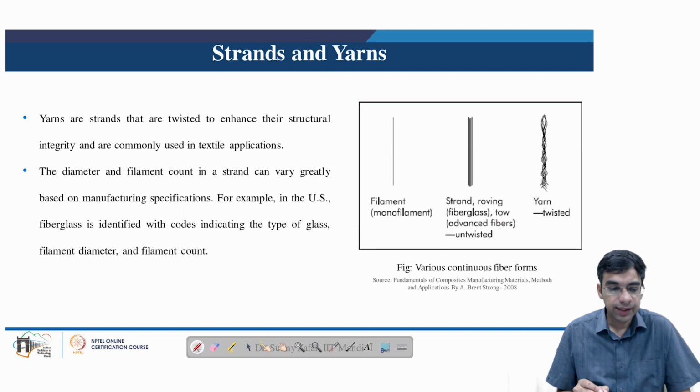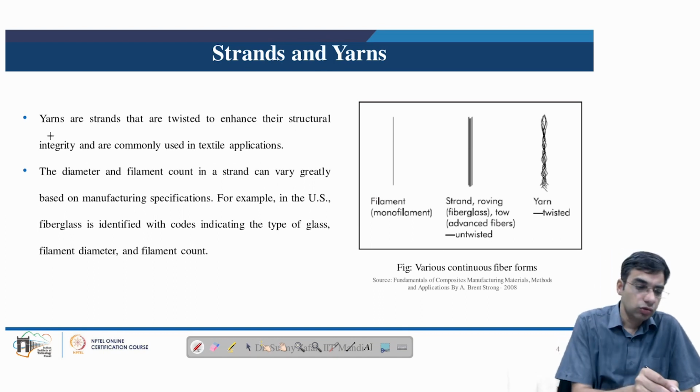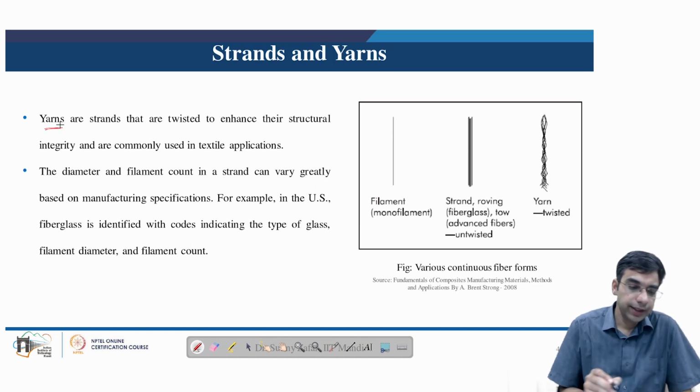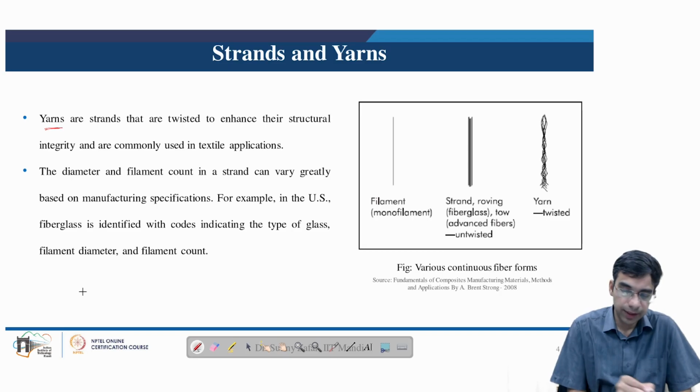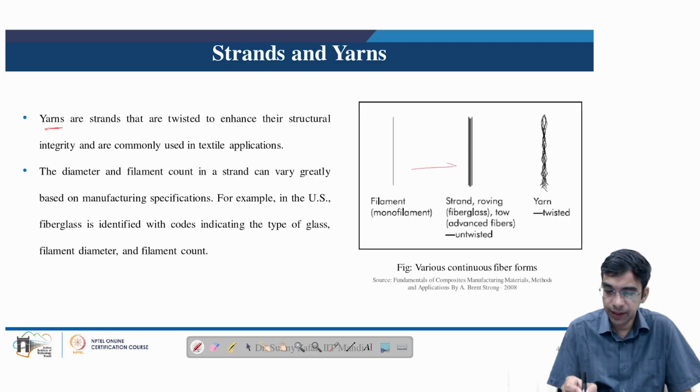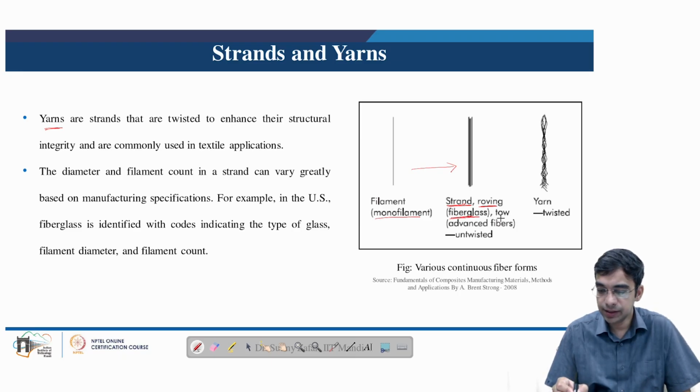So next is yarns. Yarns are basically combined by twisting various strands together. So we started with the filament. By combining various filaments, which are monofilaments, we get the strand. The name of the strand changes to roving if it is fiberglass, and it changes to the name of tow if it is an advanced fiber like carbon fiber or aramid fiber.